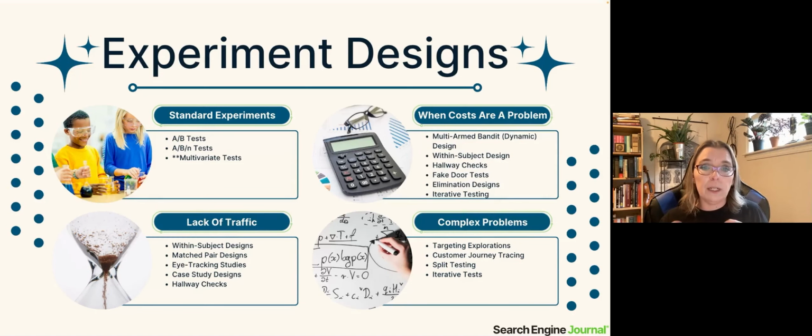So if you need to keep costs down, for example, using a multi-arm bandit test, which weighs traffic towards the winning condition rather than just a straight A/B test, might be a better option for you because you lose fewer sales that way. Another option is using a within subject design.